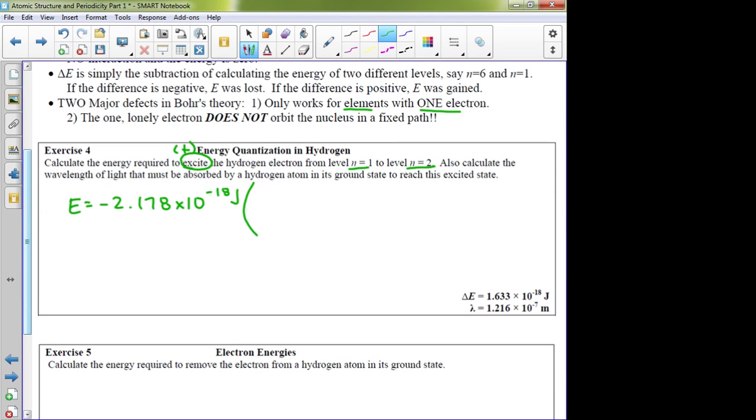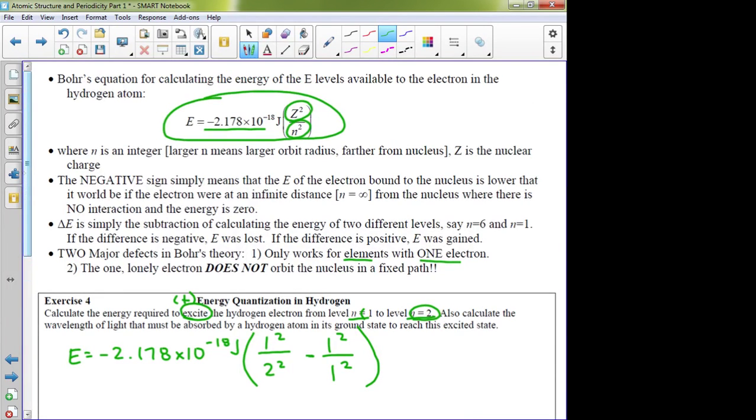Where is it finally going to end up? n equals 2. So I'm going to do 1 squared over 2 squared. 1 because hydrogen only has 1 proton, 2 because it was in energy level 2. Minus 1 squared divided by 1 squared because that's energy level 1. Do we see that?